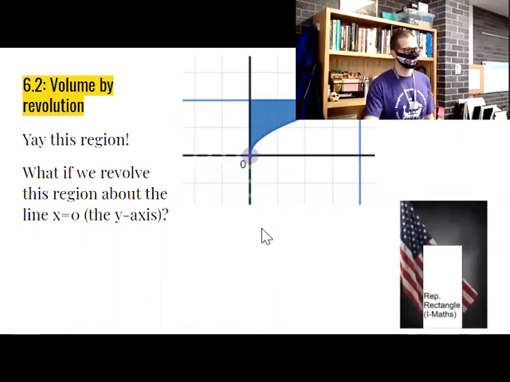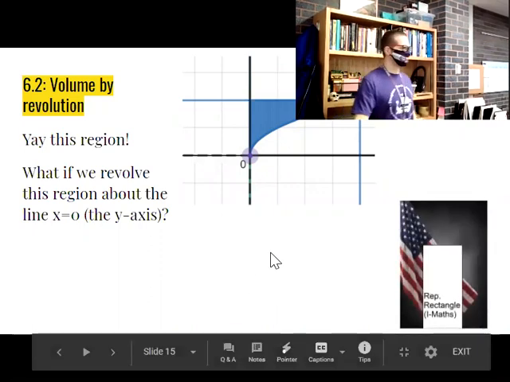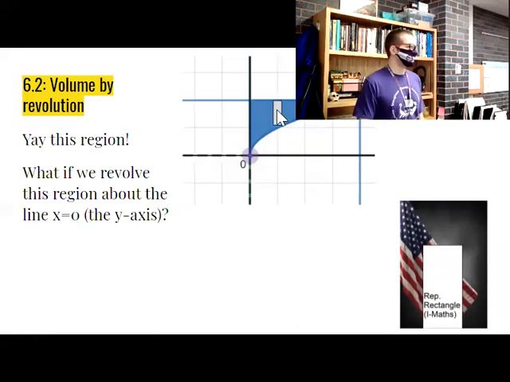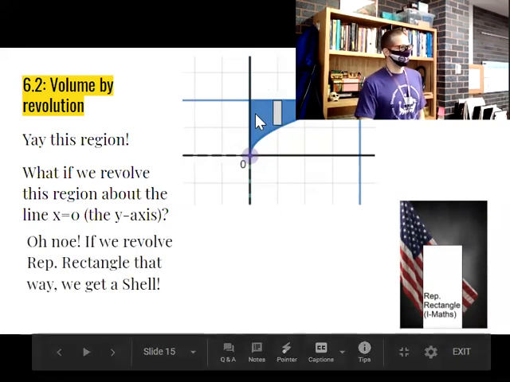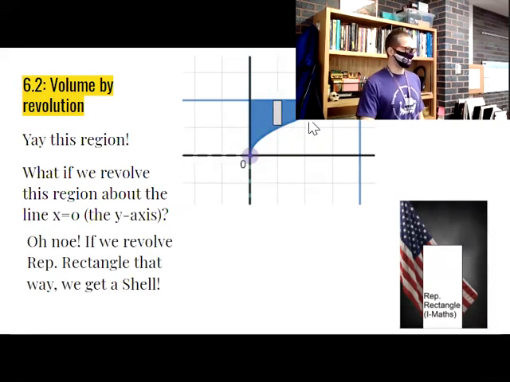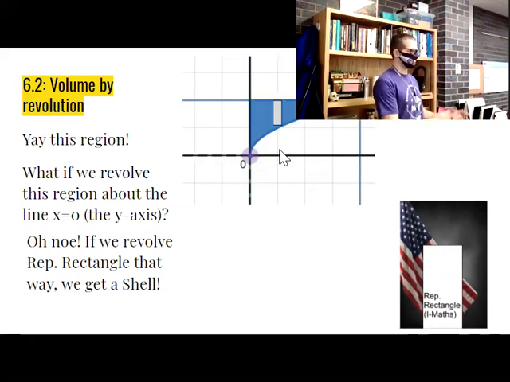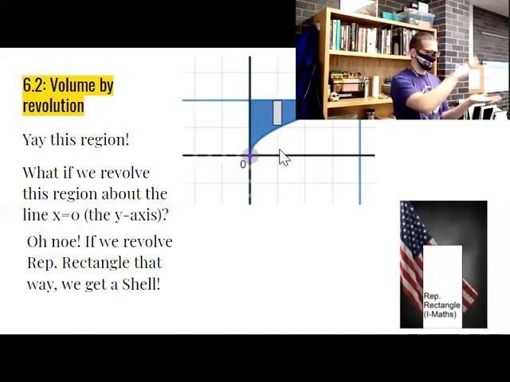To help us out, let's use rep rectangle. They are going to help us out because I'm not going to determine a gender. We're just going to say they're going to help us out. Let's draw them in. So there's rep rectangle. But there's a problem. This rep rectangle, as I move it around, I don't get a bunch of nicely layered up discs on top of each other.